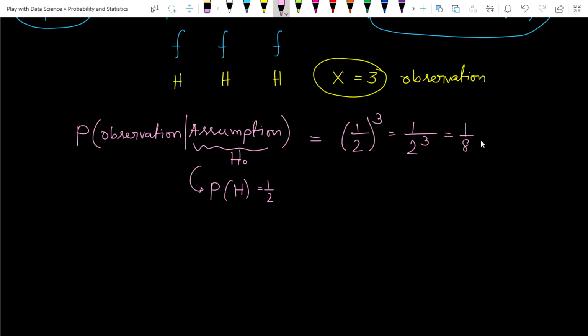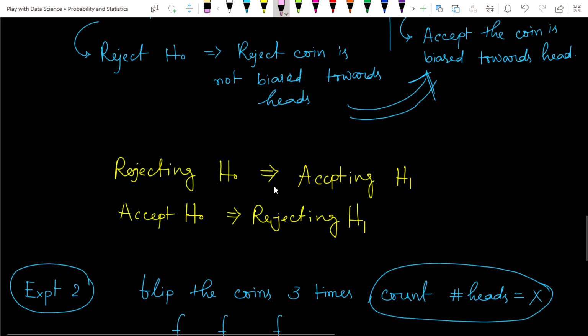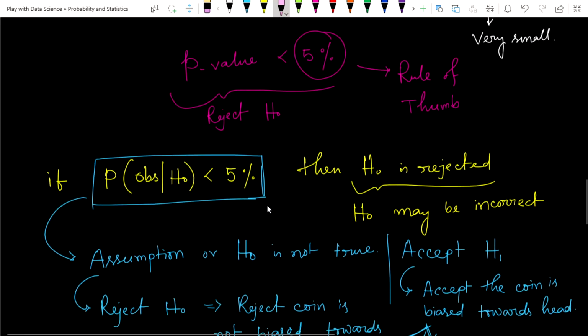1 by 8 is approximately equal to 12.5%. This is greater than 5%, and we have already seen that 5% is a simple rule of thumb.